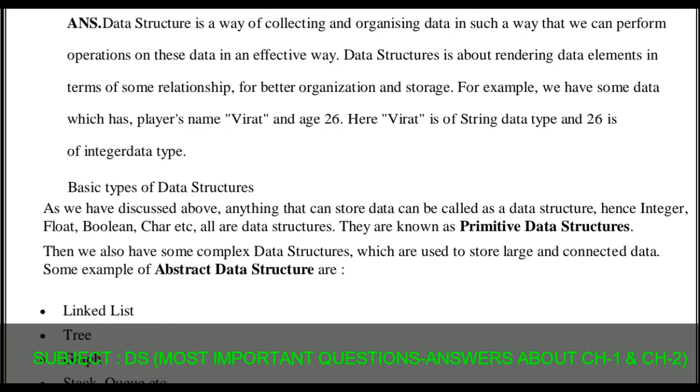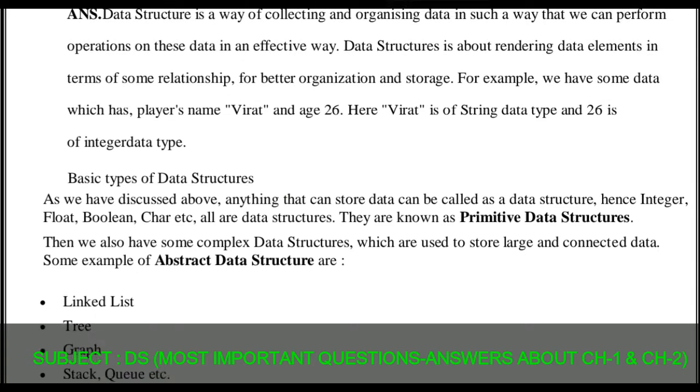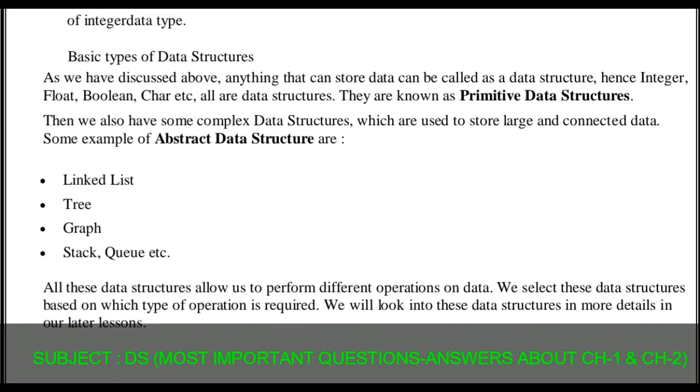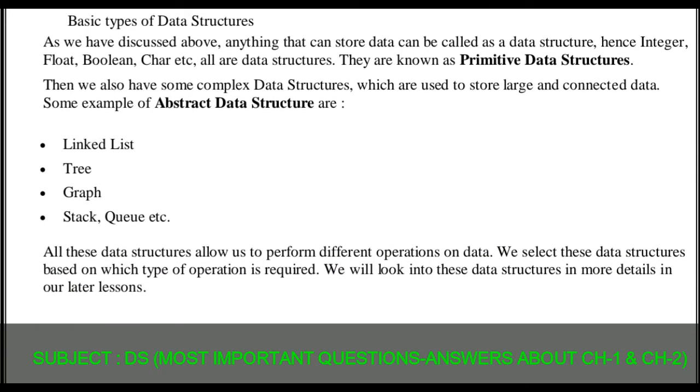Some examples of abstract data structures are linked list, tree, graph, stack, queue, etc. All these data structures allow us to perform different operations on data. We select a data structure based on which type of operation is required. We will look into these data structures in more detail in later lessons.